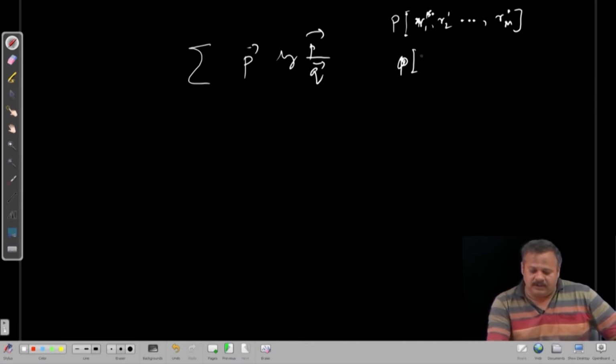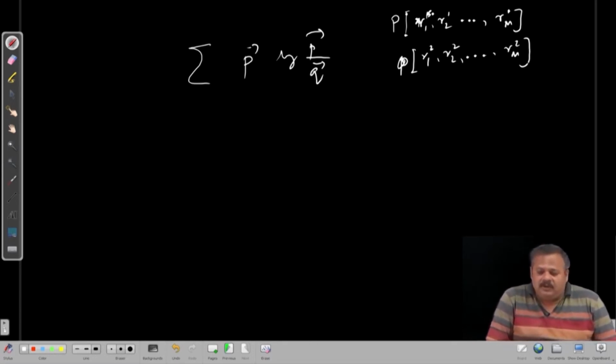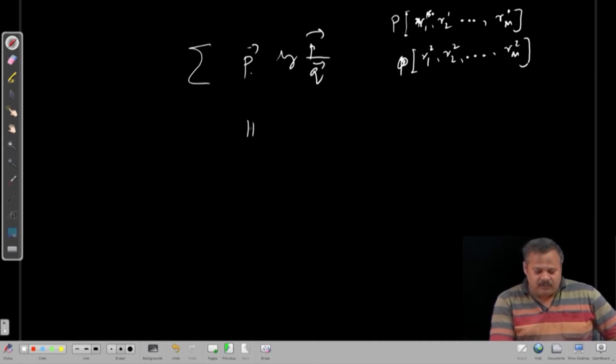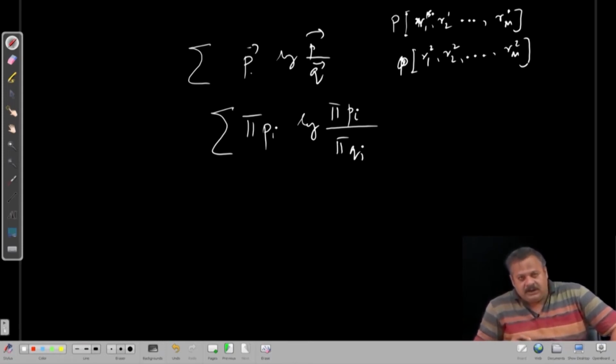Similarly, for q, response 1 with superscript 2, R2 2, up to Rm 2. This joint distribution can be broken down into the product of each of the distributions p1, p2, p3 up to p capital M. So, this p can be replaced by the product of the pi's, and log of the product of the pi's, similarly the product of the qi's, and this is summing over all possible values that the joint distribution can take.